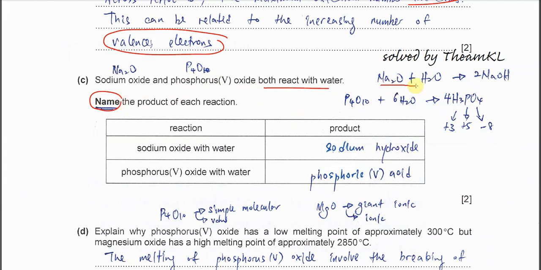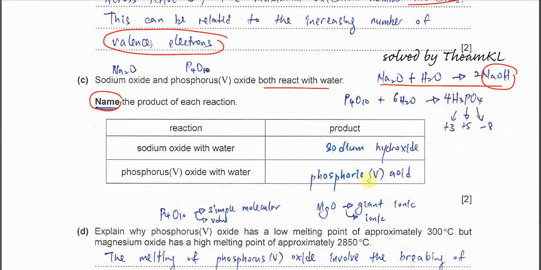Sodium hydroxide will form from the reaction between sodium oxide and water. So don't put NaOH, put sodium hydroxide, name it. When P4O10 reacts with water, it will form one acid only, H3PO4.